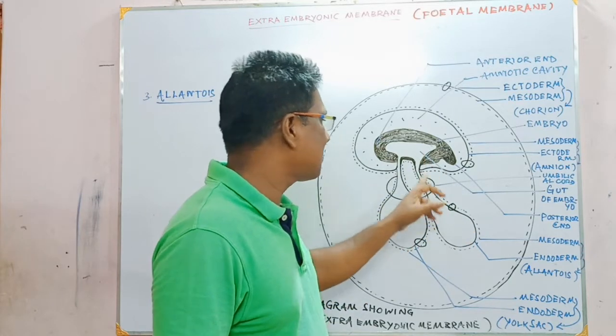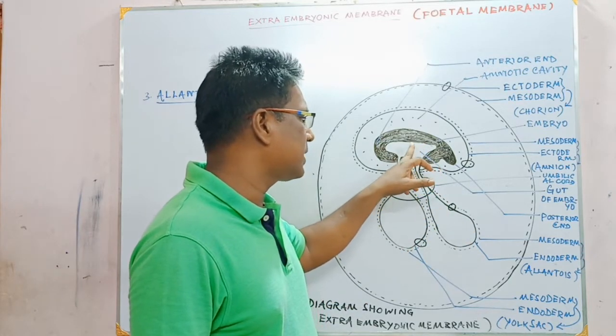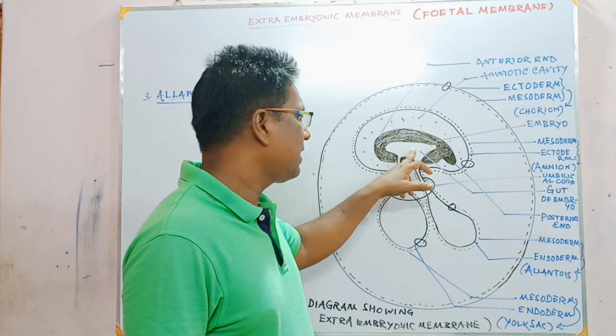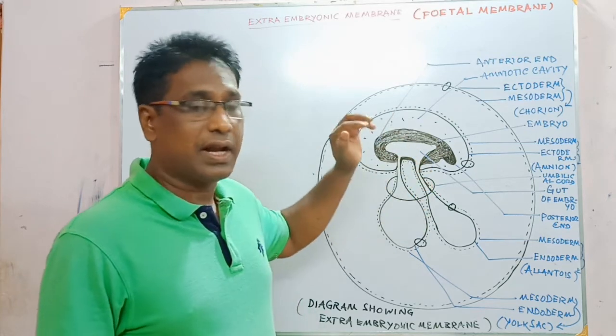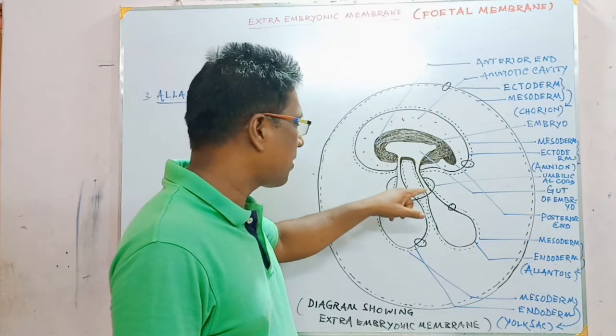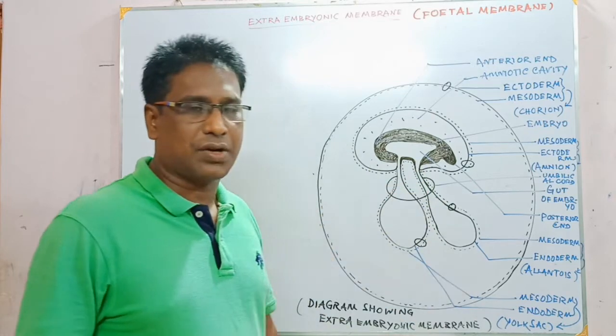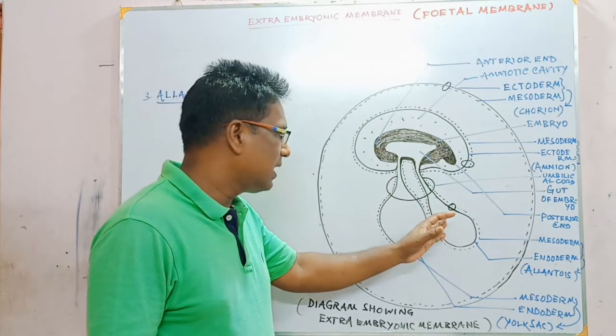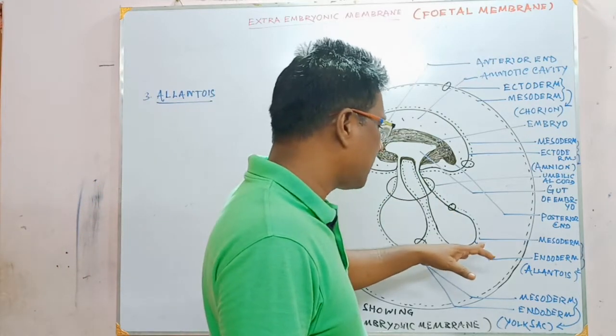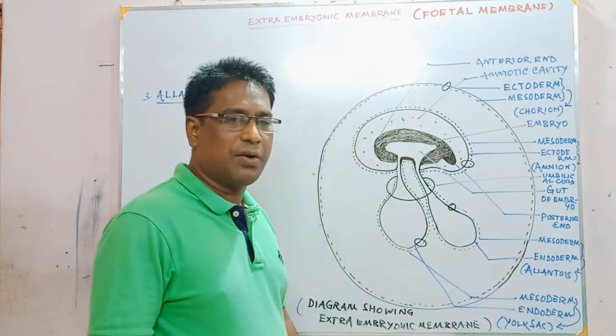It arises from the gut of the embryo, from the primitive alimentary canal of the embryo, in the form of a small sac-like structure. That is the allantois, and it is formed of outer mesoderm and inner endoderm.